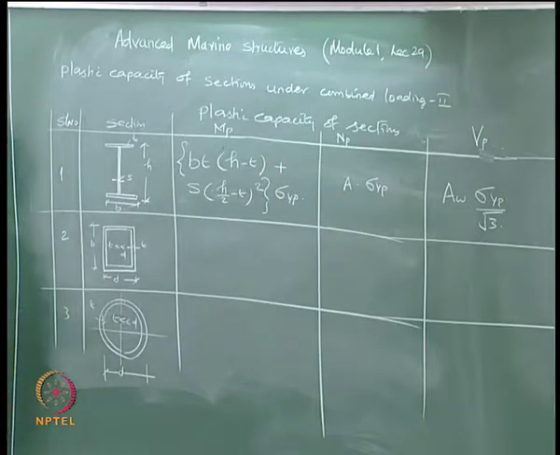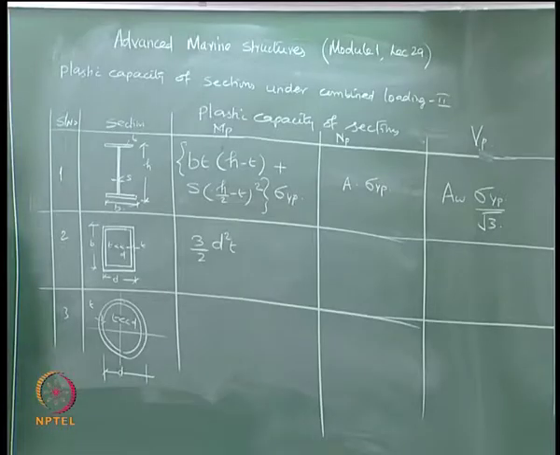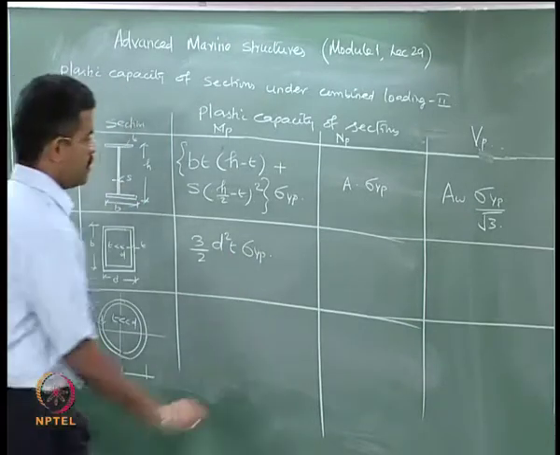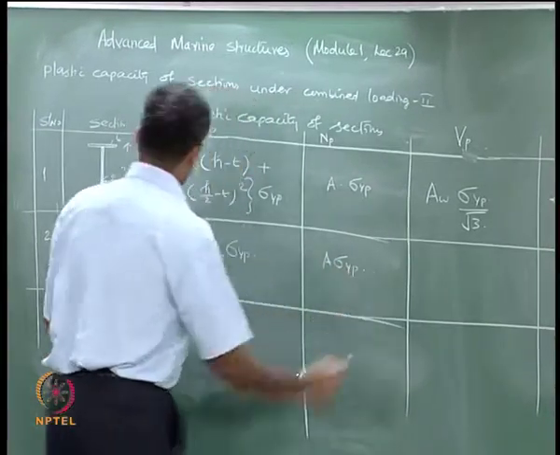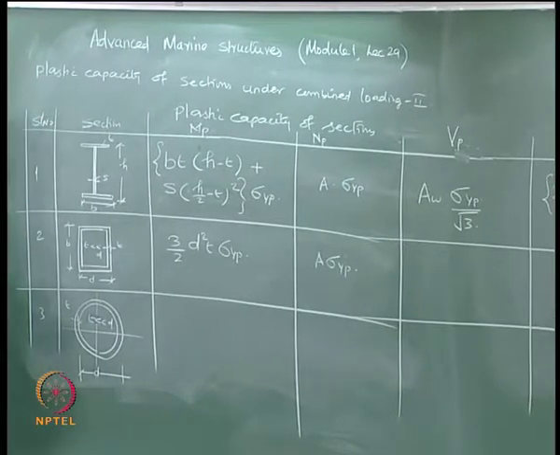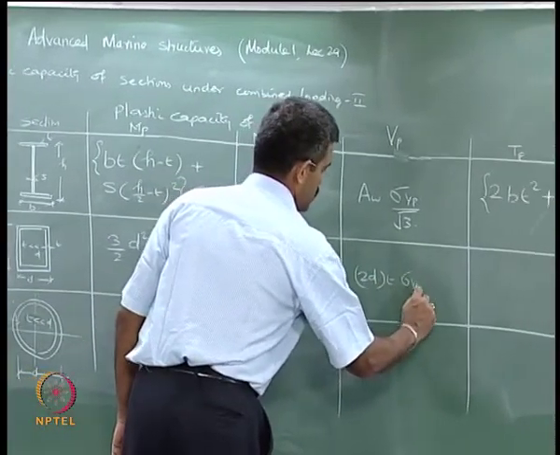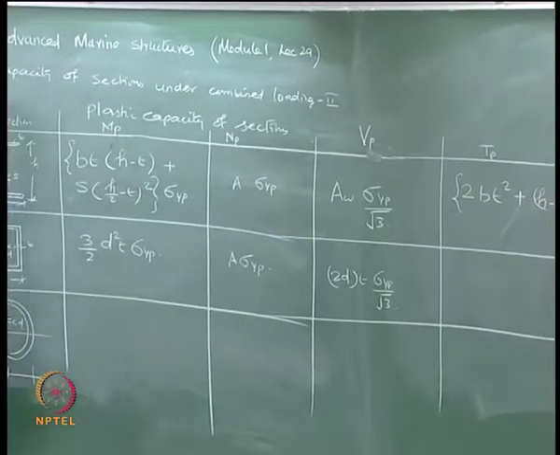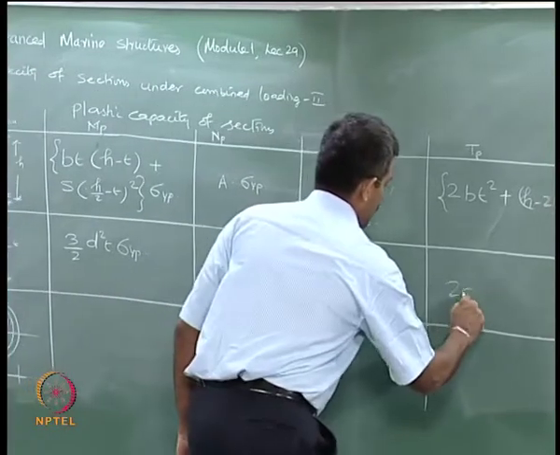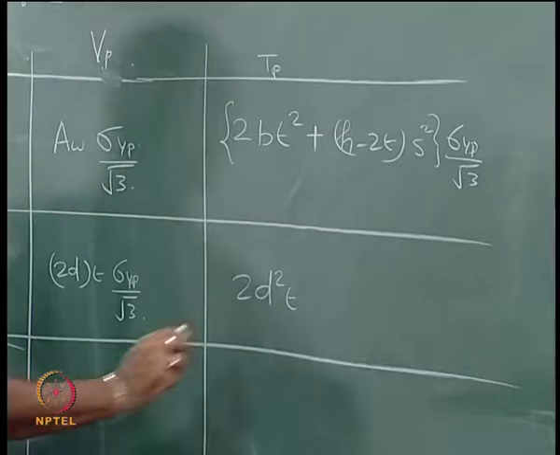And for the box sections, this is A sigma yp, this is 2 d t sigma yp by root 3, and this is 2 d square t sigma yp by root 3.